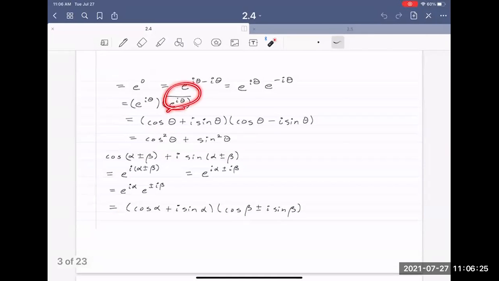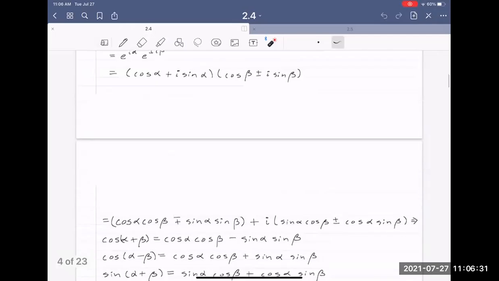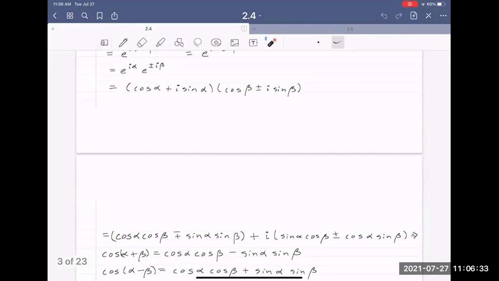By the way, from here we can see that these are equal to this. And so this is equal to, well, let's multiply this out. Cosine alpha times cosine beta plus or minus i cosine alpha times sine beta.